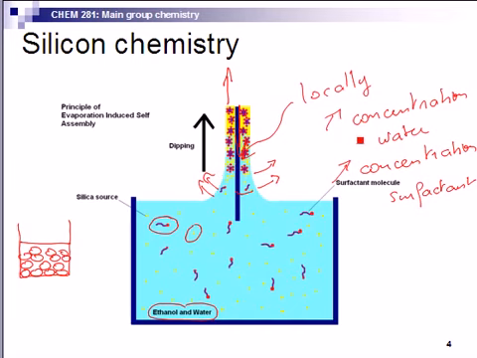At the same time, the concentration of water increases, which means that you have water that starts attacking your tetraethoxysilane to produce silica. So tetraethoxysilane is soluble, but silica is a solid. So you start polymerizing silica around your micelles.